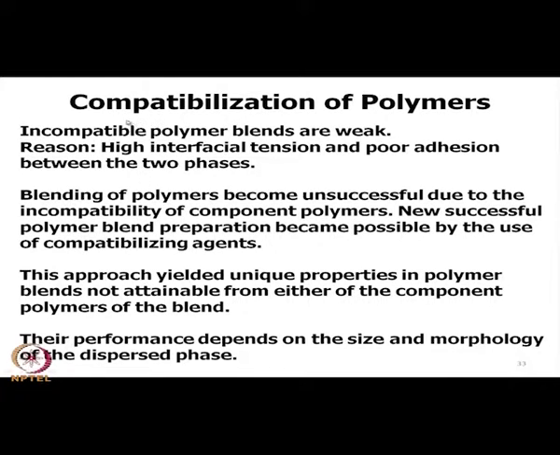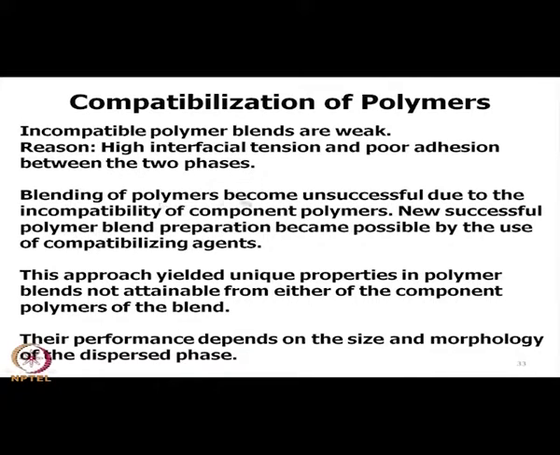Now, let us look into the compatibilization of component polymers to make a polymer blend. Now, incompatible polymer blends are weak, we know. The reason behind this is that there can be high interfacial tension between the component polymers, and at the interface poor adhesion is found between the two phases.